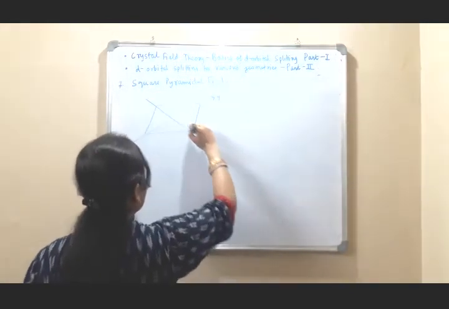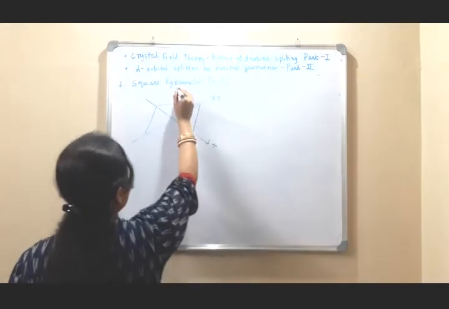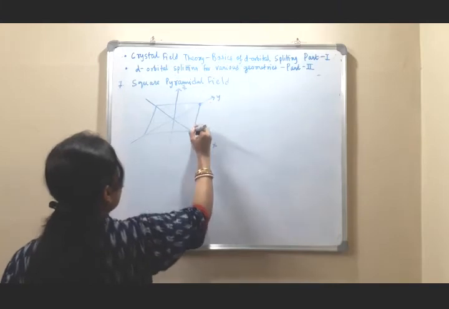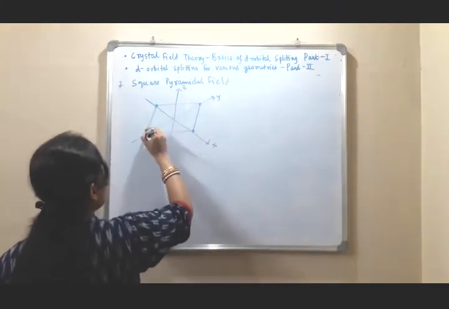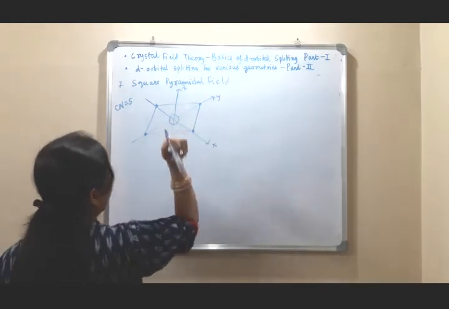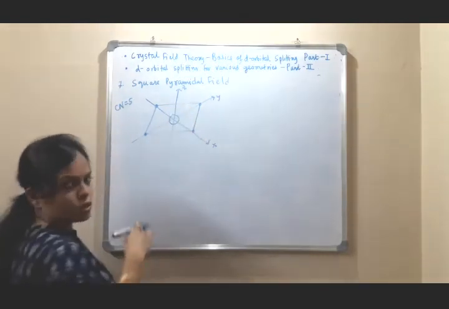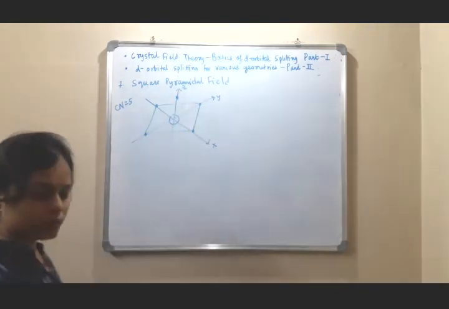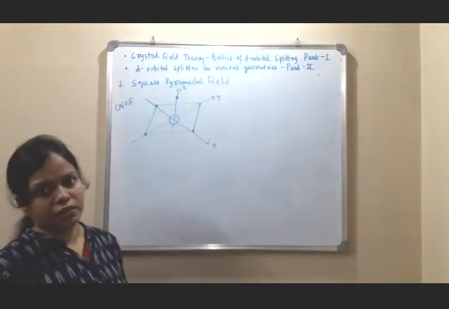Y, X and my Z axis. Already in square planar these four ligands are present. Here coordination number is 5, you all know. This is the metal ion. In addition to the square planar, what's happening? A ligand comes over here in the plus z direction.